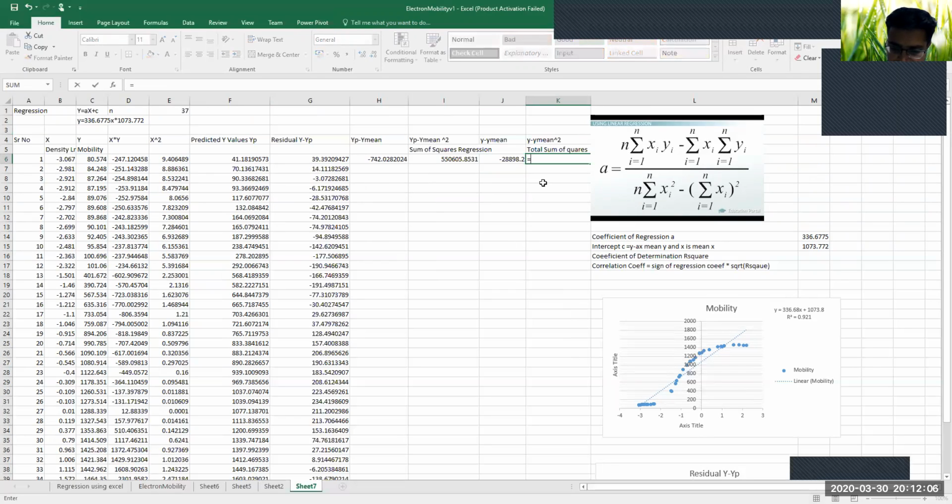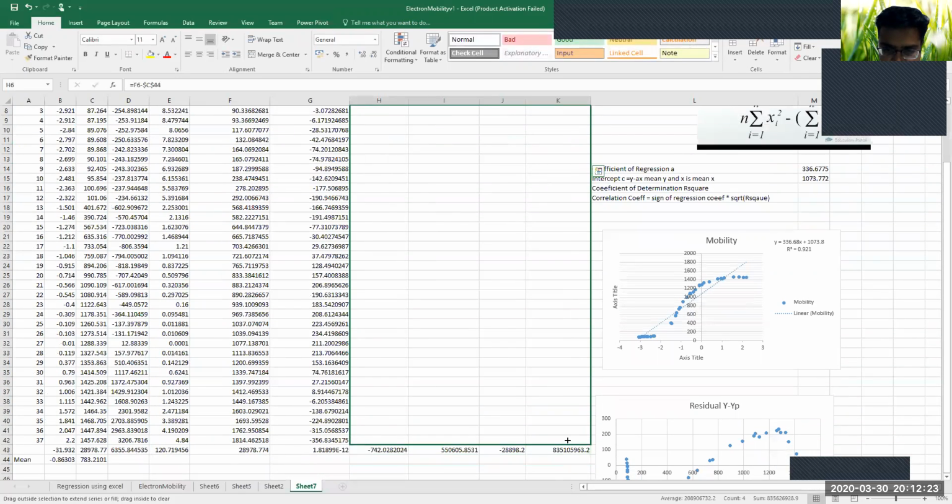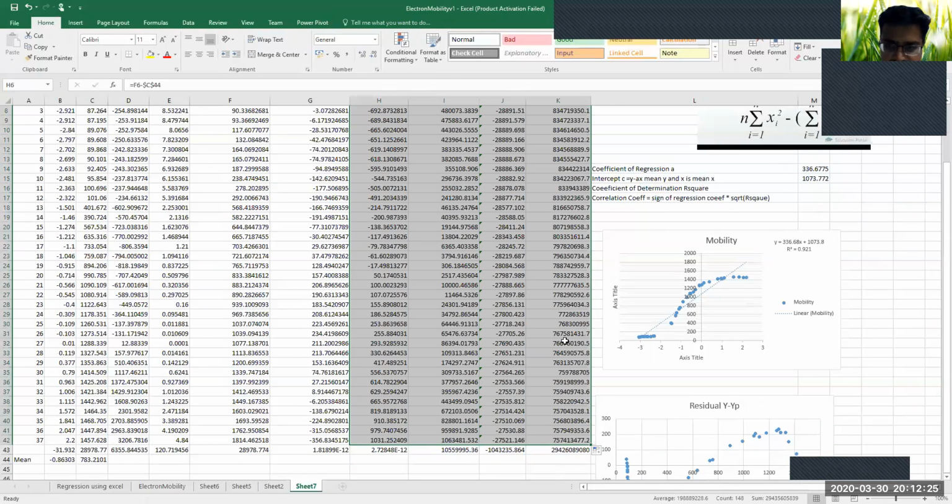So now what we'll do, we'll extend these values, just move this square. We get this value.